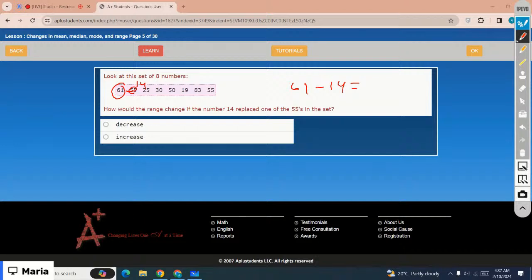Increased it is, right? Because you added a smaller number at the low end. Increased.